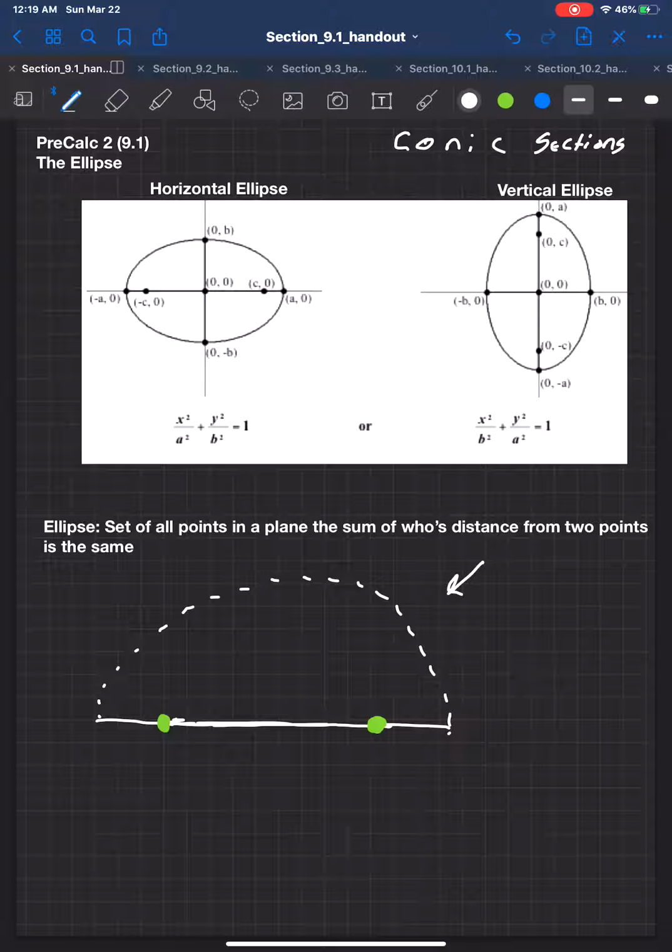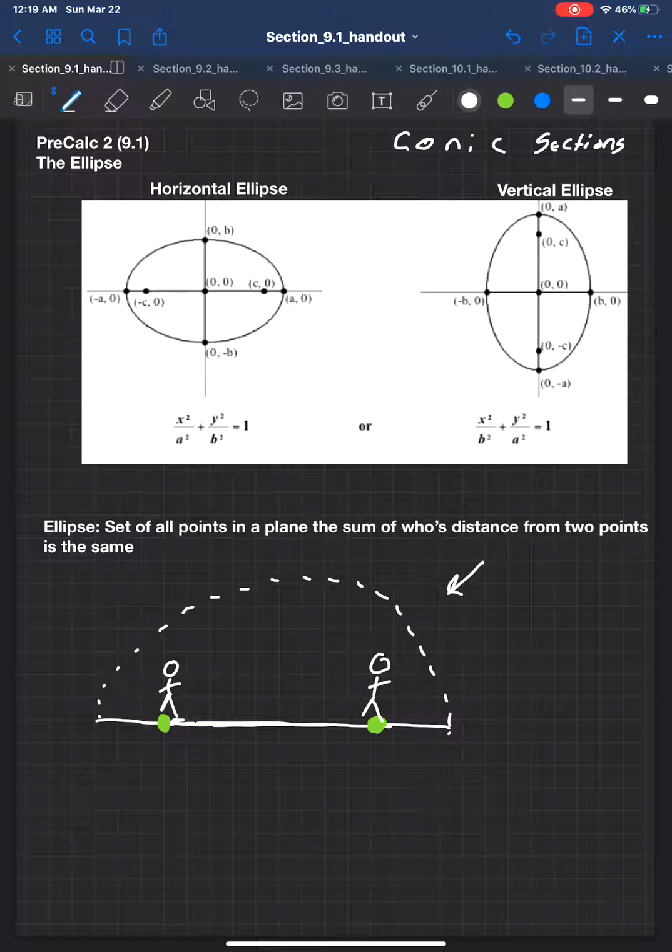Inside the room, they have two different points marked off, and two individuals enter the room and stand at these marked points.